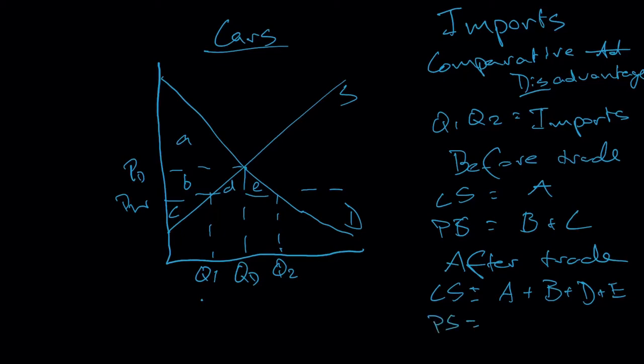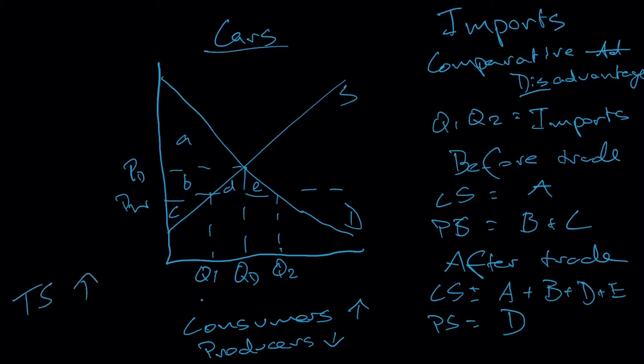Their producer surplus has decreased to area C. So in this situation, when we're importing, consumers will gain, producers will lose, but our total welfare will actually increase. Our total surplus will increase, as evidenced by the areas D plus E. And that is the gains from imports.